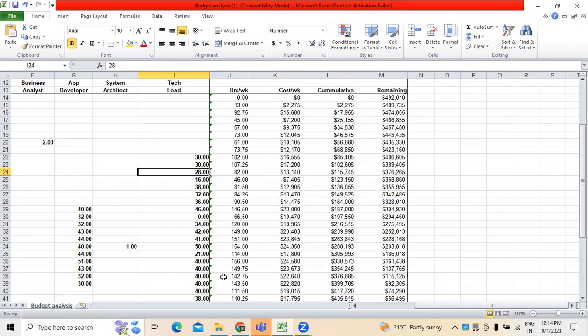Especially, this is the one that will be prepared by the project management team, because the project management team should have an idea over this budget analysis, majorly because they will be involved in budgeting. Apart from that, it helps even a business analyst, as well as the technical team nowadays.